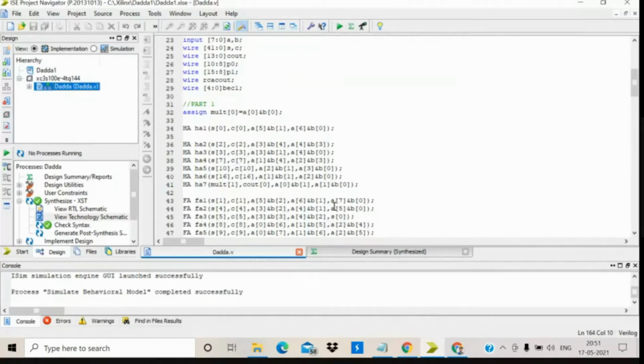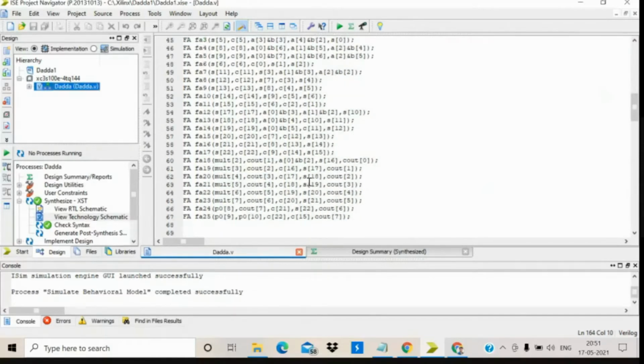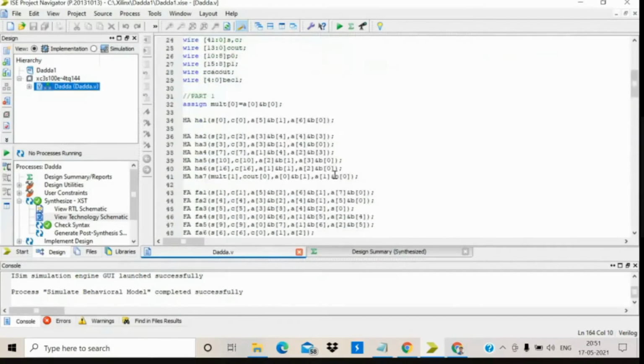It is mainly designed by the partial product design and the adder part. Again, the partial product part is categorized into two parts, that is part 1 and part 2. So this is the design which comprises the partial product and adder. We have implemented the adder code, and similarly for the multiplier we have designed the code.